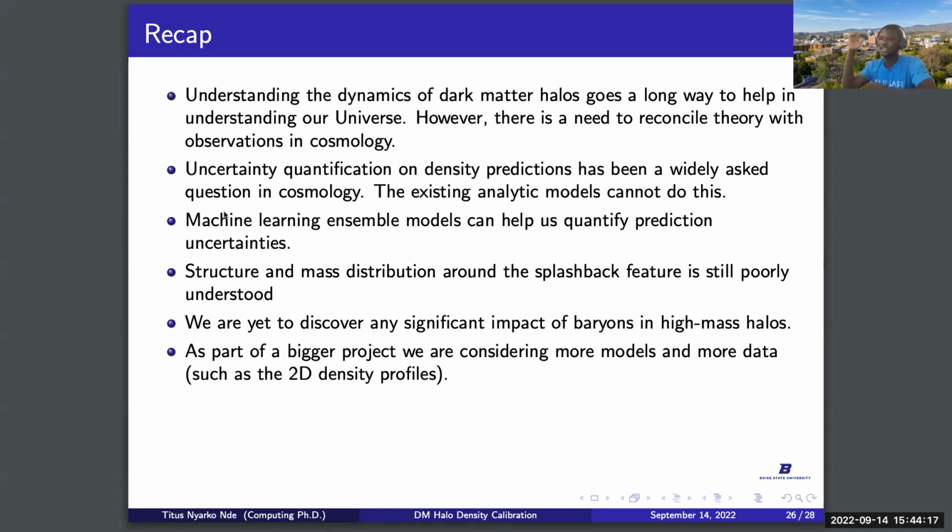We still do not understand the mass distribution in the splashback region, and being able to understand this distribution may help us calibrate density profiles more. We are also yet to discover any significant impact of baryons on high mass halos.